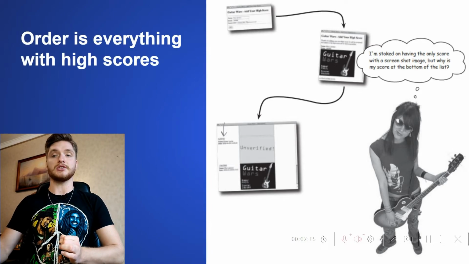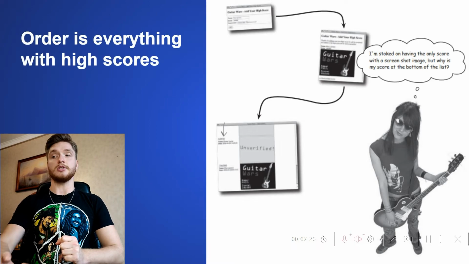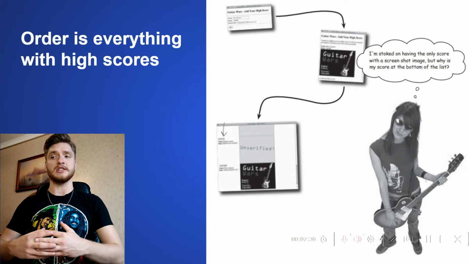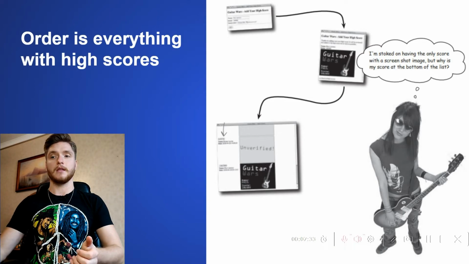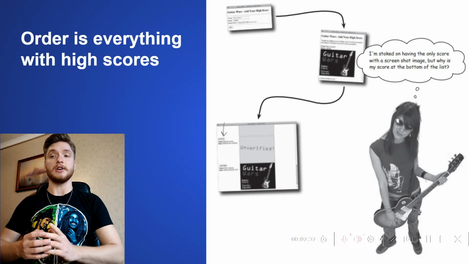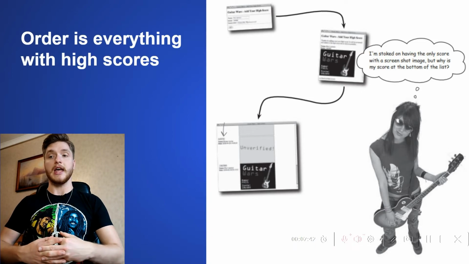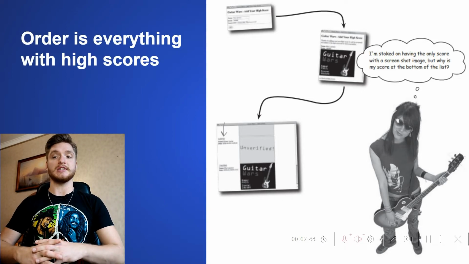Adding a new high score now involves adding a screenshot image, which looks great except the scores aren't in order. I am stoked on having the only score with a screenshot image, but why is my score at the bottom of this list? This guy likes screenshot verification but is a little miffed over getting slotted at the bottom of the high score list despite having a decent score.